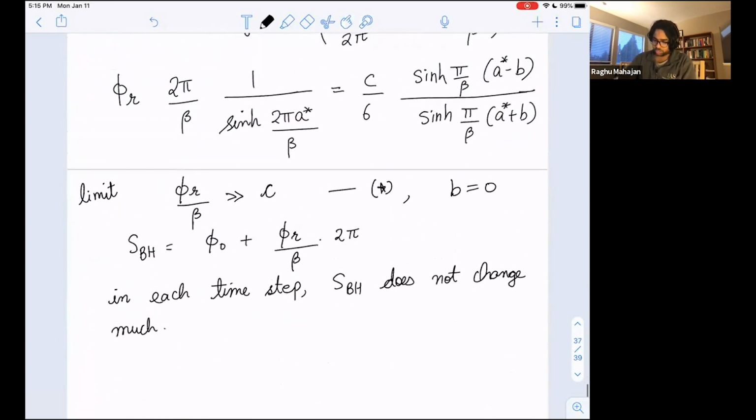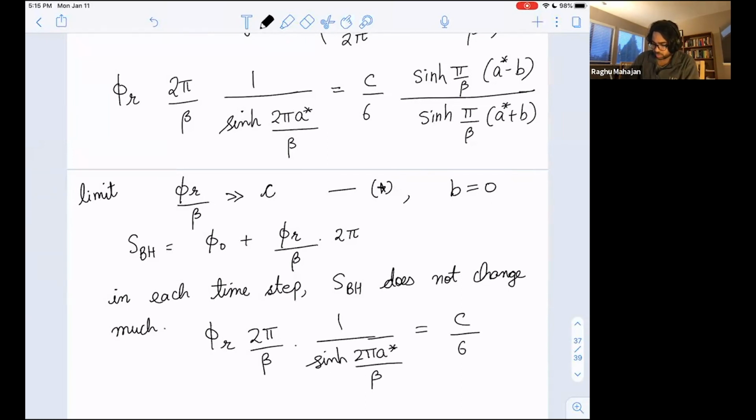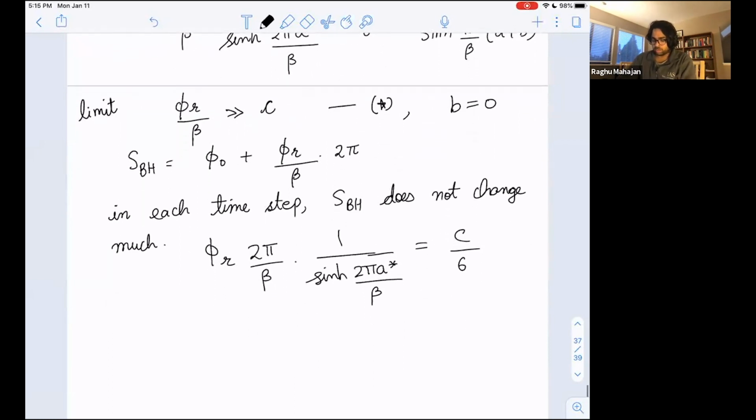Okay, so what does the equation become? We get phi r times 2 pi over beta times 1 over sinh of 2 pi A star over beta equals C over 6, right? But because of the condition star, the way to satisfy this equation is if A star is very large, right? Because phi r is large, C is small, so the sinh needs to be large in order to compensate that.